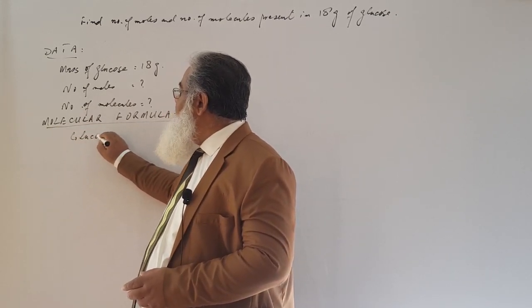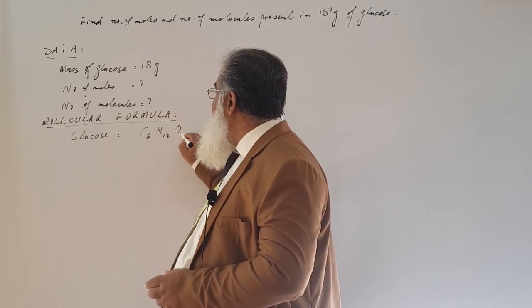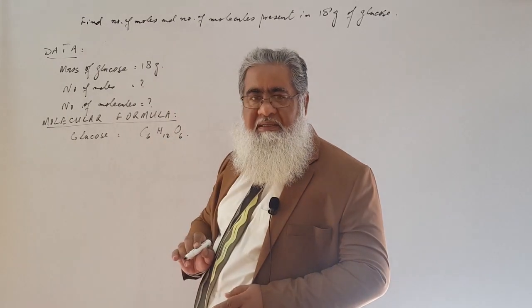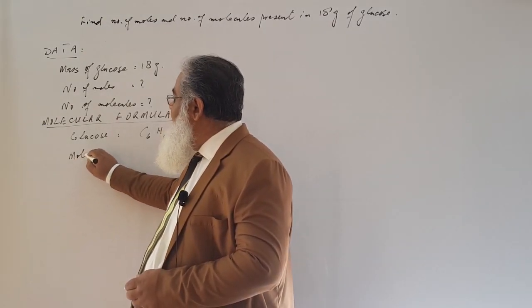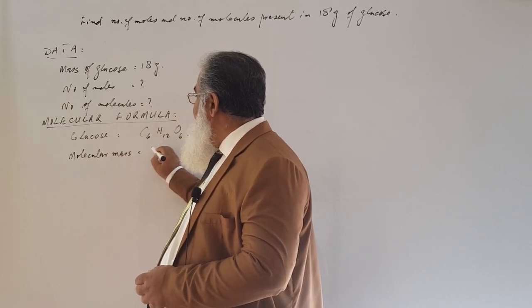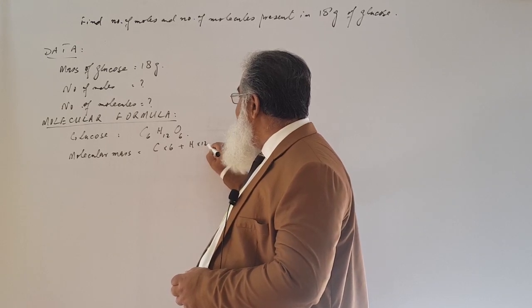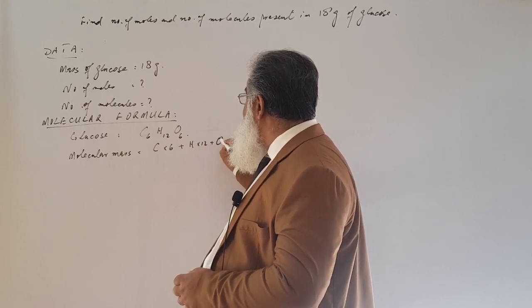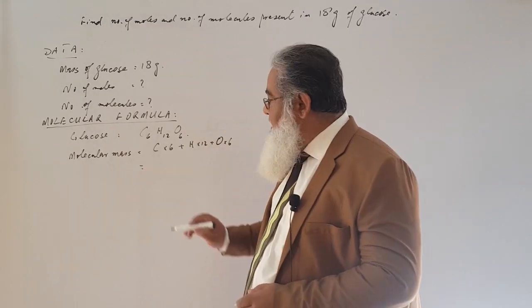Glucose has a molecular formula C6H12O6. Now, in order to calculate its molecular mass, there are 6 atoms of carbon, 12 atoms of hydrogen, and 6 atoms of oxygen.